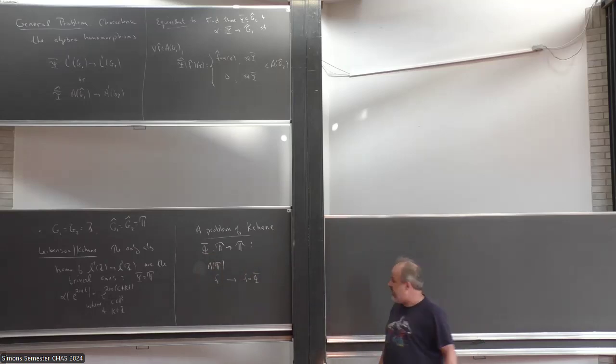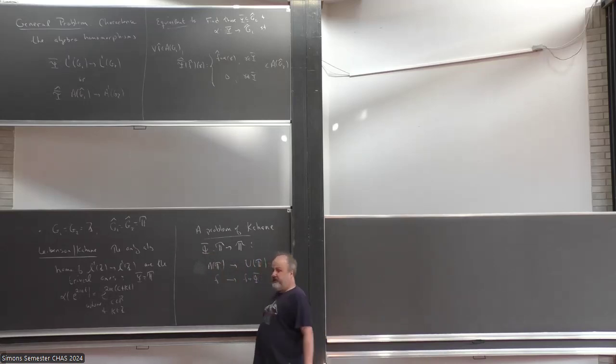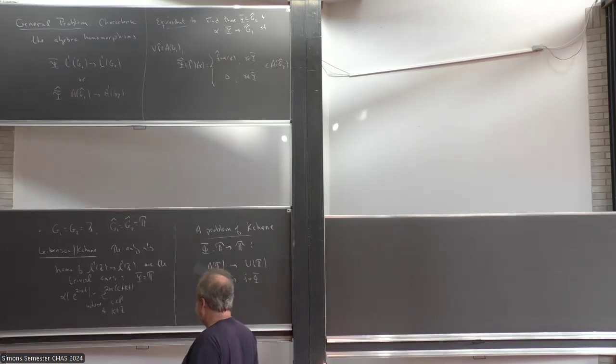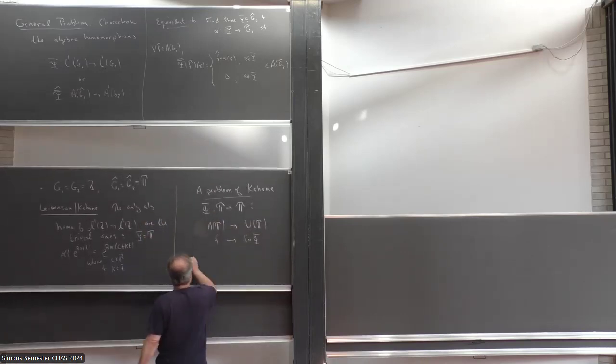Instead of insisting that I end up in the space of absolutely convergent Fourier series, suppose I relax it to the space of uniformly convergent Fourier series. Of course, an absolutely convergent Fourier series is a uniformly convergent Fourier series.